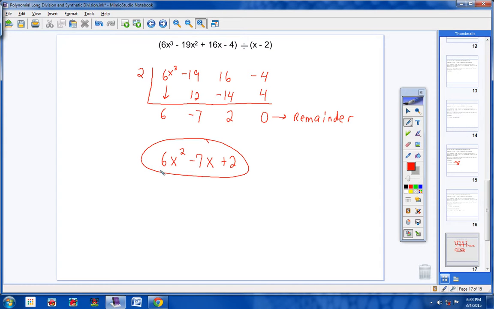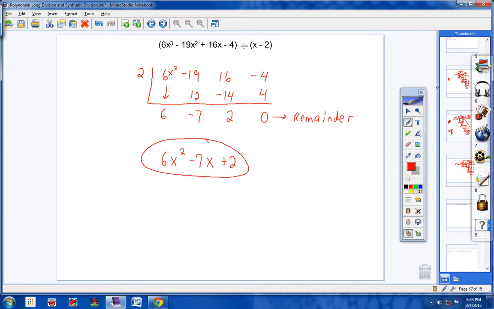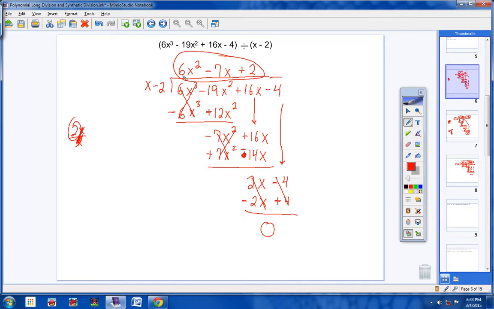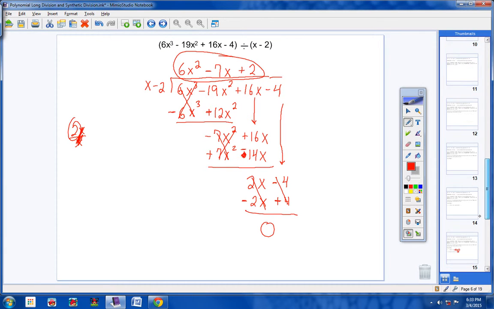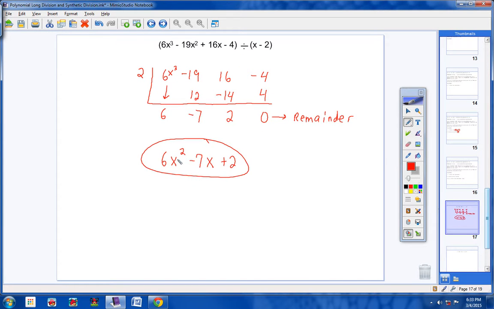Now, did you notice, this is the first problem in your notes that we did. Go back to the very first problem in your notes. What answer did you get? 6x squared minus 7x plus 2. Now look at what answer you got with synthetic division. 6x squared minus 7x plus 2. The exact same answer.